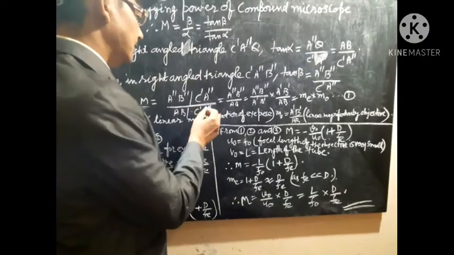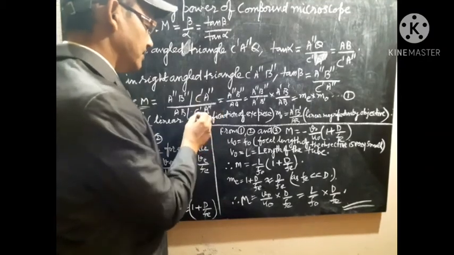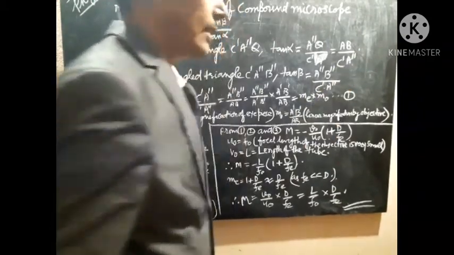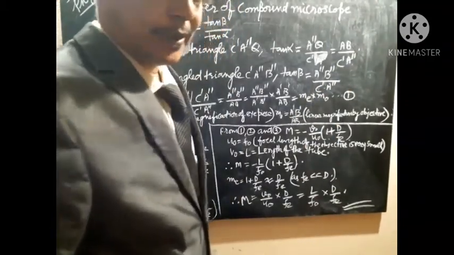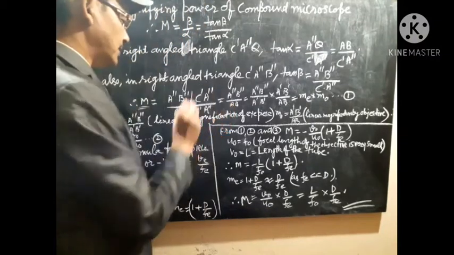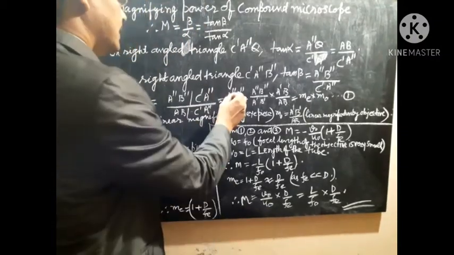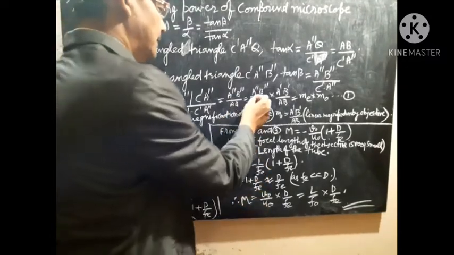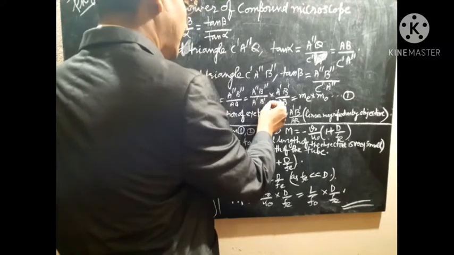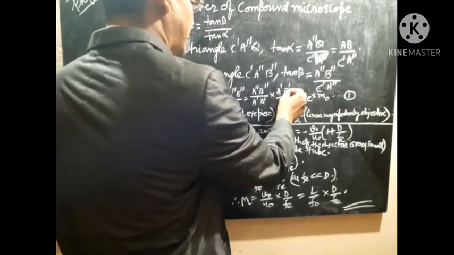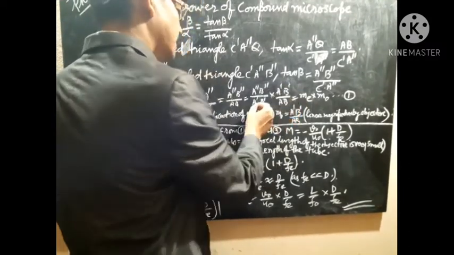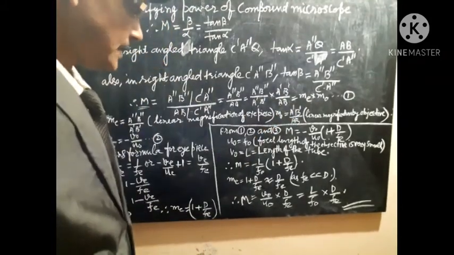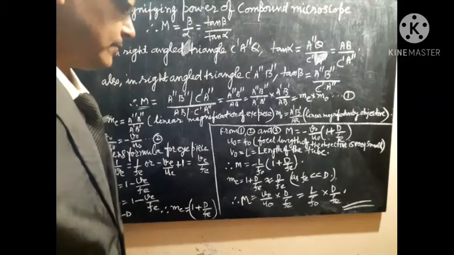You observe C dash A double dash in both cases, so it will be cancelled. Now you will get A double dash B double dash by AB, and also A double dash B double dash by A dash B dash multiplied by A dash B dash by AB. Here this thing will be cancelled.